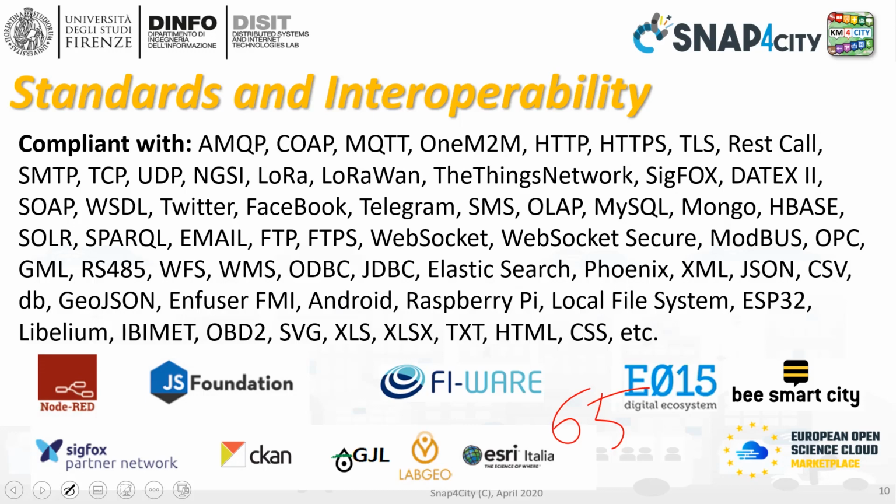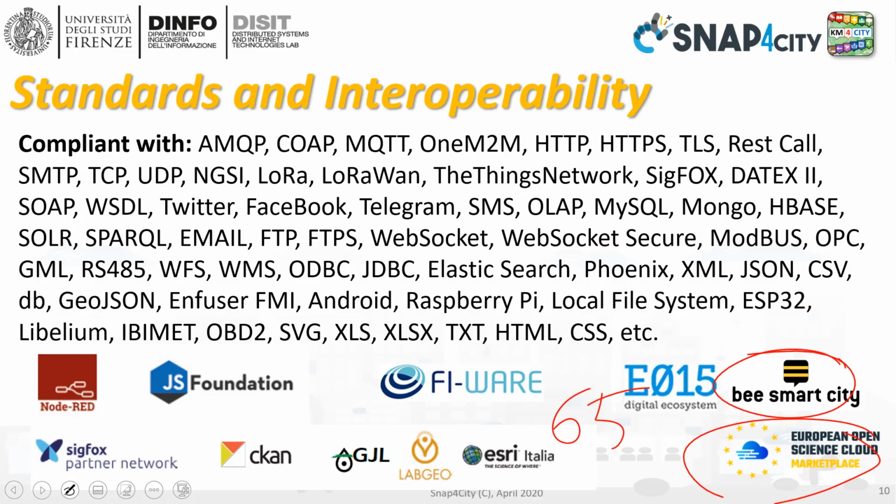how it's possible to work with them. So Snap4City is an official library of the JS Foundation for Node-RED, is an official platform for FIWARE, is a gold member of the FIWARE Alliance, is also an official API of E015 of Regione Lombardia for the API infrastructure they have, is an official platform of the European Open Science Cloud marketplace, as reported here at the bottom, is also a platform of Bismarck City, and so on.